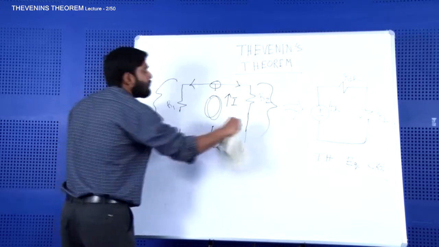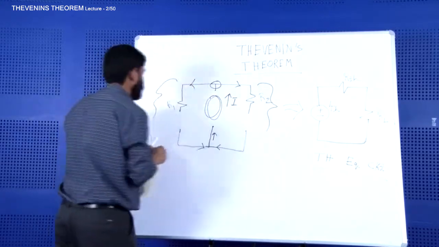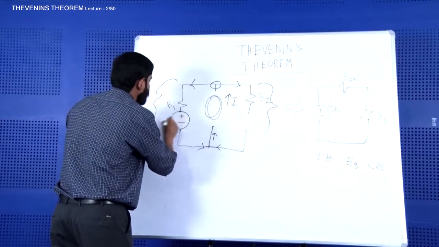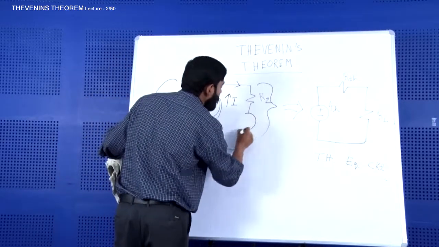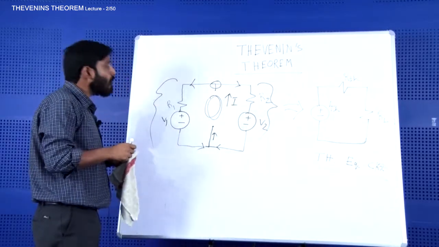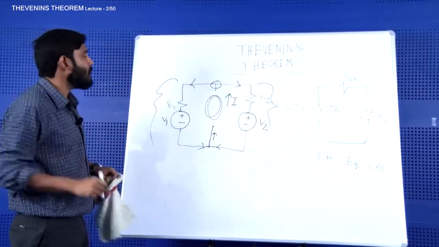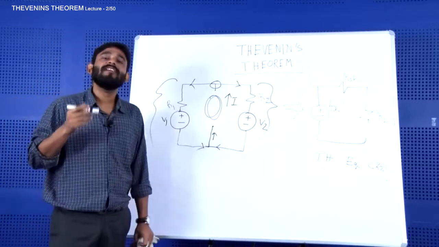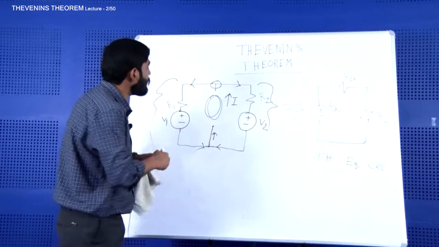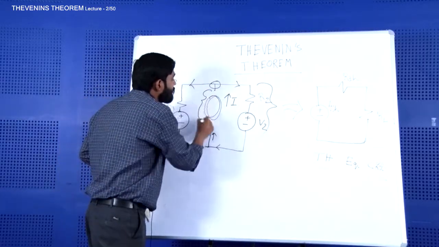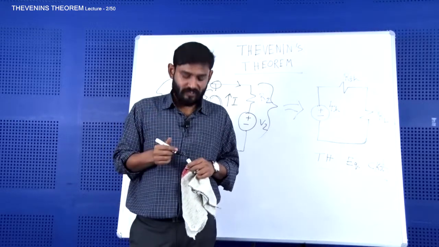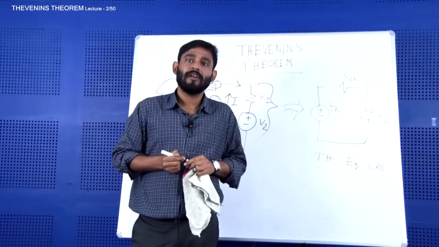The voltage sources will be there. And all you have to do is to calculate what amount of voltage we are getting at this open circuited terminal, the terminal that has been open circuited by removing the load resistance from the circuit.